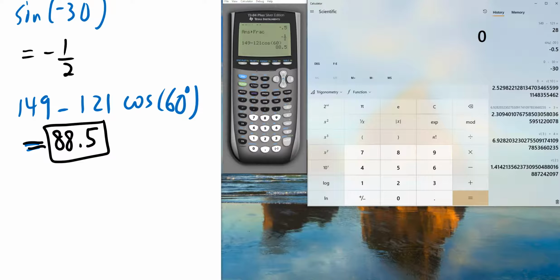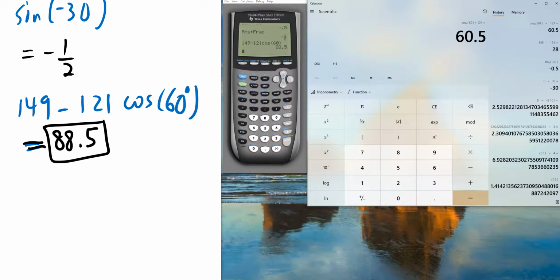Let's find 60 trig cosine. So I got cosine 60 is this, and multiply that by 121. You can write it down one step at a time.